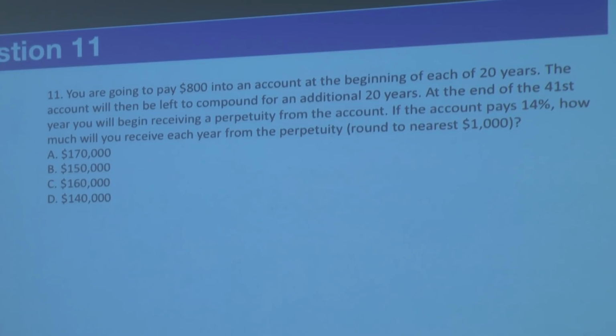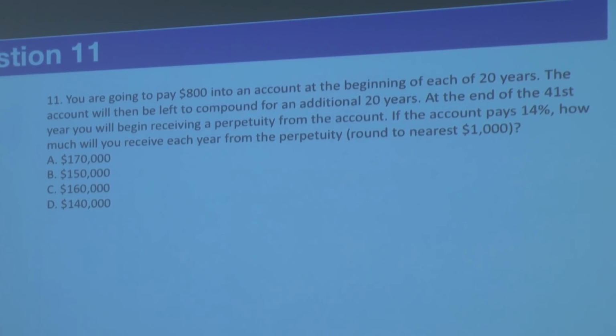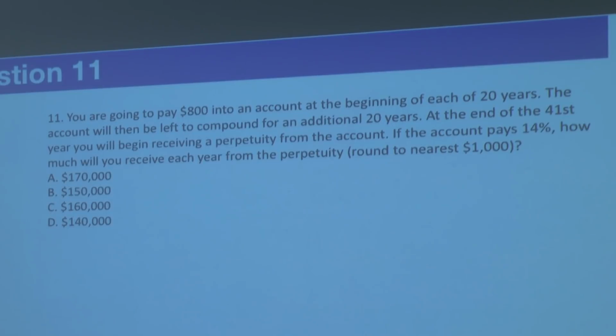You're going to pay $800 into an account at the beginning of each of 20 years. The amount will then be left to compound for an additional 20 years. So for 20 years, you pay into this account at the beginning of each year.